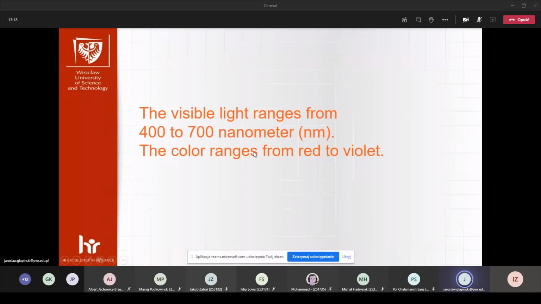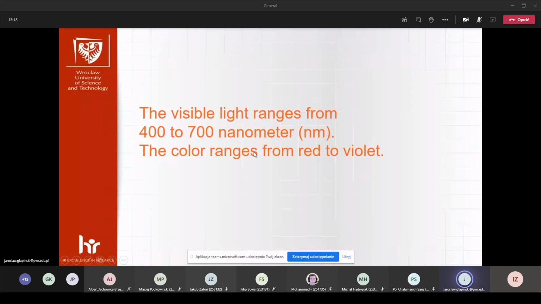So we need a source of light to see the colors. We can't generate the source ourselves, so the things must reflect or emit electromagnetic fields in these frequencies. And then we can see the color.